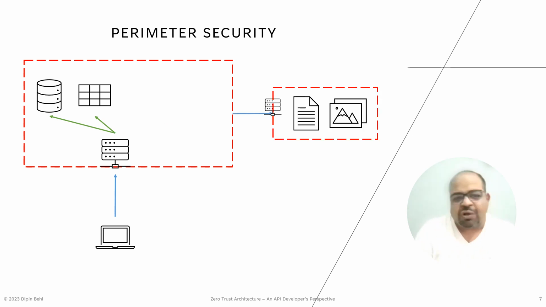So the thought was, why don't we segment them? But then again, we segment them and we create multiple perimeters, and then we start creating bridges between those perimeters. So the problem is not fully solved yet. We have mitigated it, but we haven't solved it.